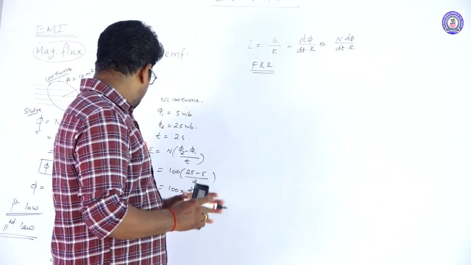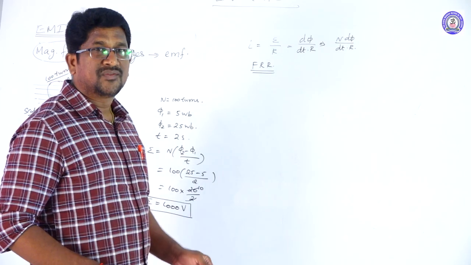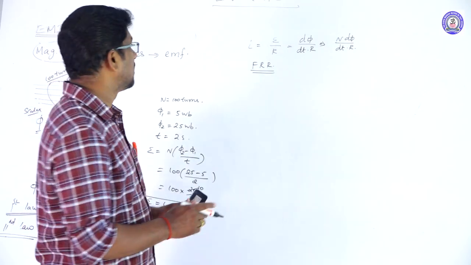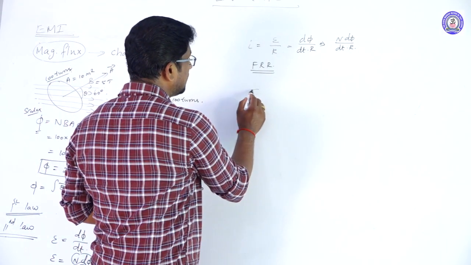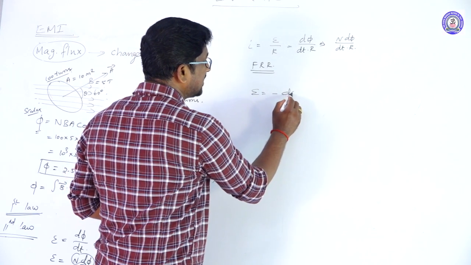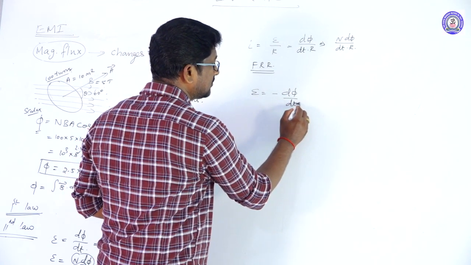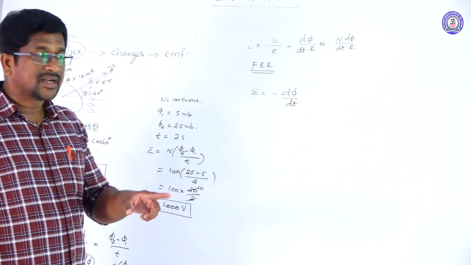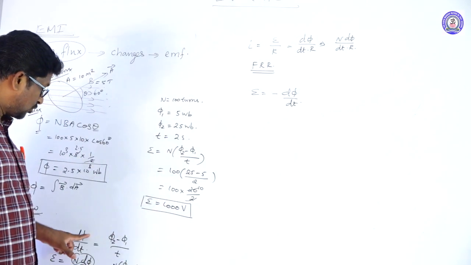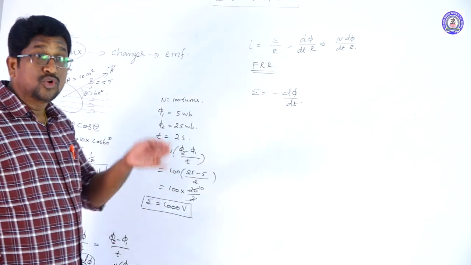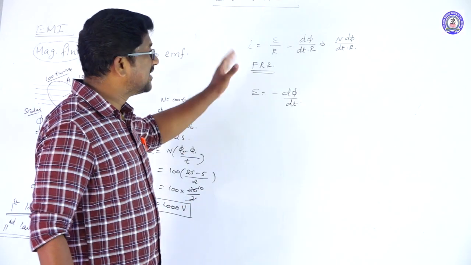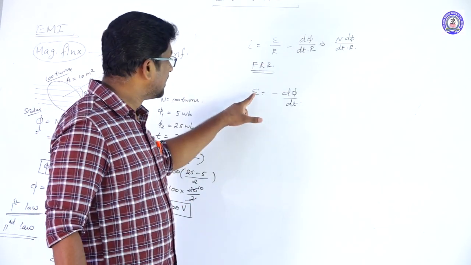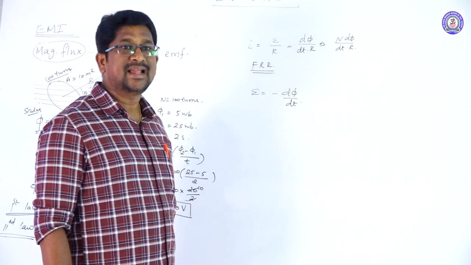Right. The magnitude of induced EMF in terms of Lenz's law is given by E is equal to minus dφ by dt. According to Michael Faraday, the magnitude of induced EMF is equal to dφ divided by dt. According to Lenz, the magnitude and direction of induced EMF is given by E is equal to minus dφ divided by dt.